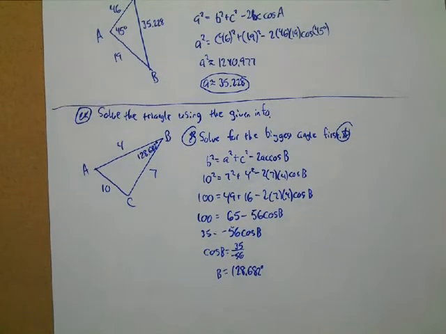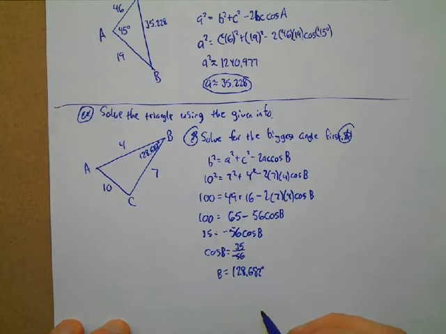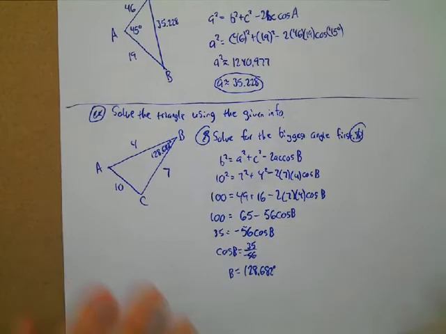Megan, what would be our setup to solve for another piece? We found the angle B. Yes, sorry, you might be ahead of me now. Do the sine of 128.682 divided by 10, all over 10, and that's going to equal what?